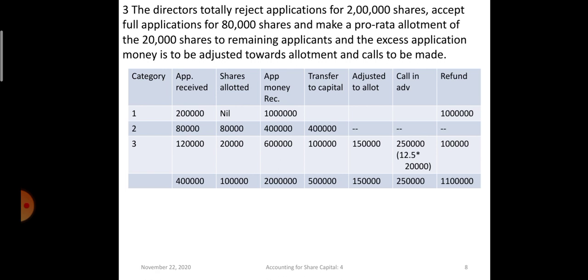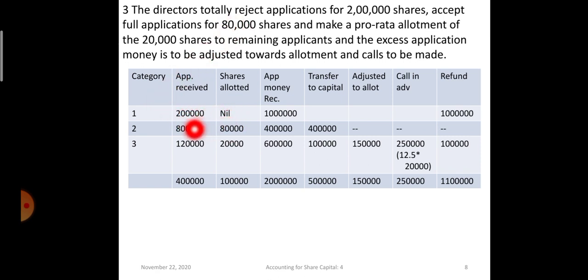You can read this category. Category 1: 2 lakh applicants were not allotted a single share, so their full money received at the rate of rupees 5, 10 lakh, will be refunded. Second case, full allotment was done: 80,000 applicants were allotted 80,000 shares.